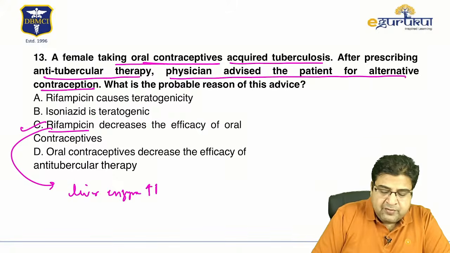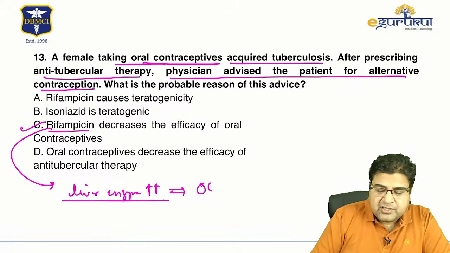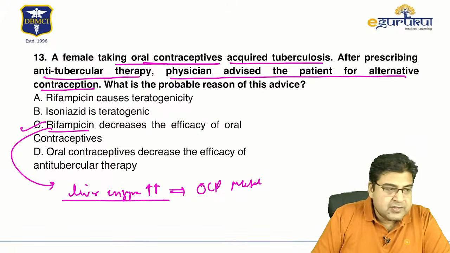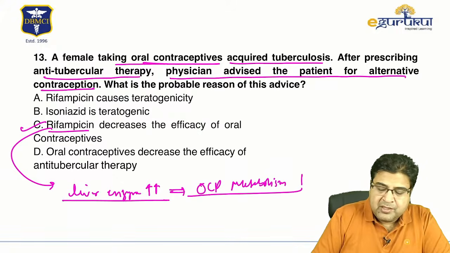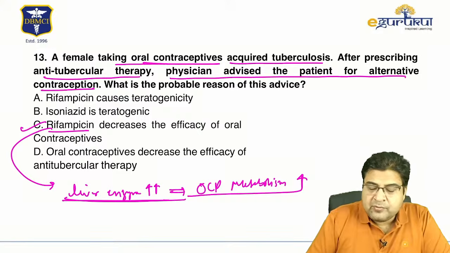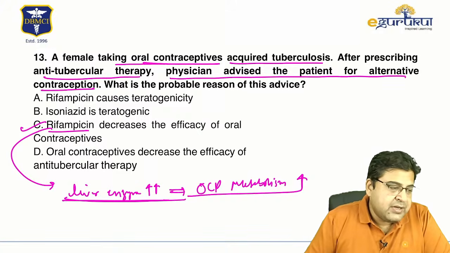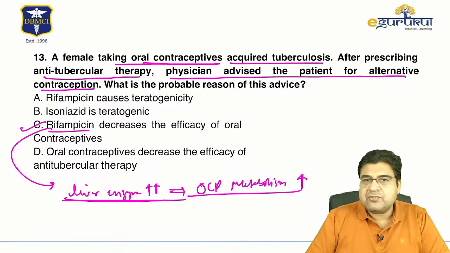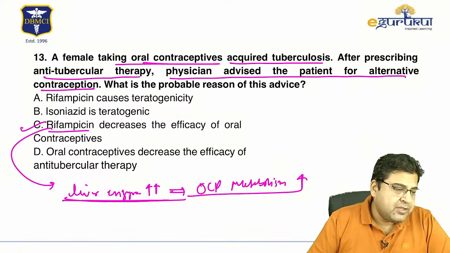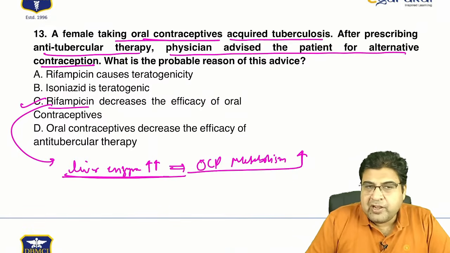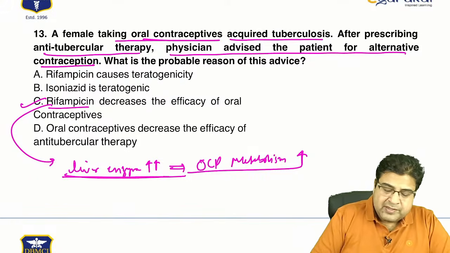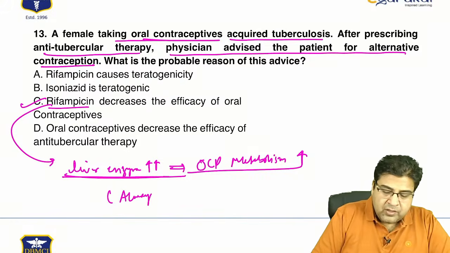Because it's a liver enzyme inducer, this can induce the metabolism of OCP, and the physician knows this can lead to contraceptive failure. That's why he advises her to change the contraceptive method. So guys, whenever the patient will have the problem with rifampicin, always change the second drug.